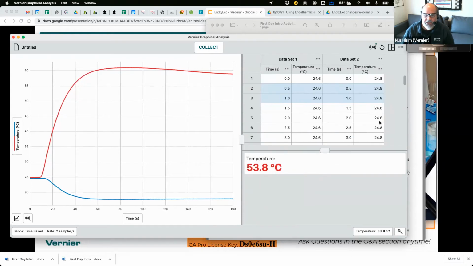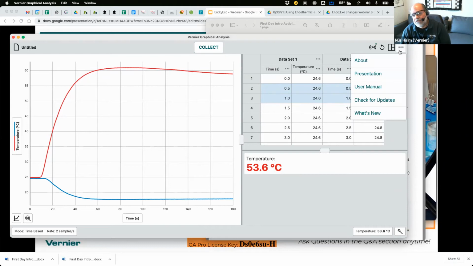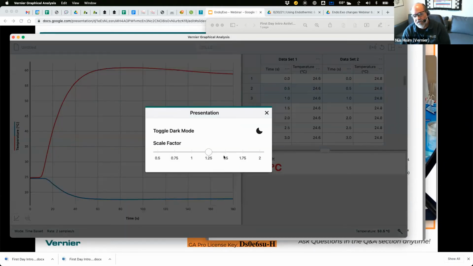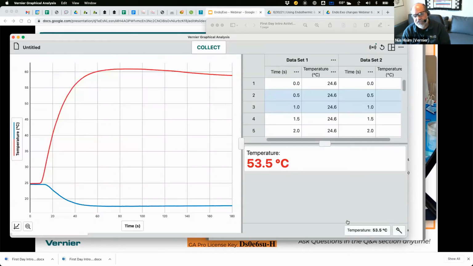By the way, I did something surreptitiously that you may not have noticed. The three little dots in the top right, there's this thing called presentation. When you're doing a presentation to a group like your students, you can magnify the screen a little bit, make it a little easier for them to see what you're doing. Particularly, maybe you're doing a demo and all you want is a meter.